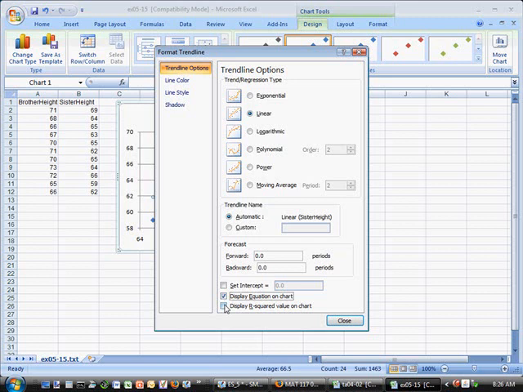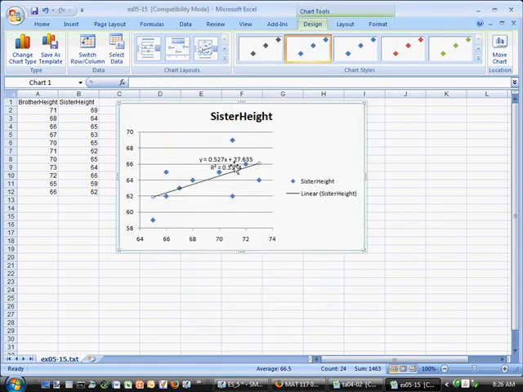Check our usual last two down here. Click on close. I usually like to put the equation in a place where it's a little easier to read, so I usually drag it a little bit. So Excel is telling us that it's 0.527x plus 27.635.